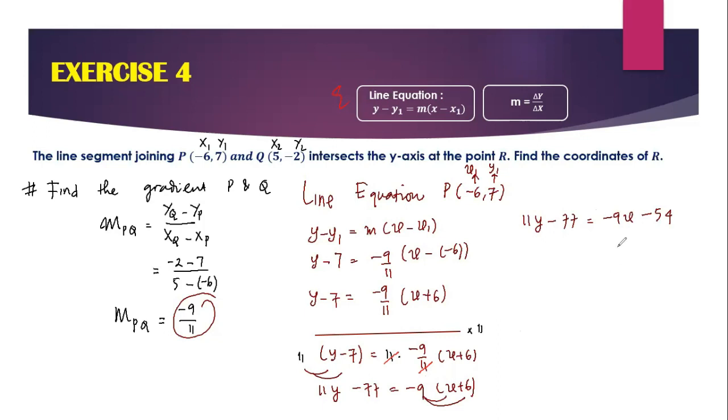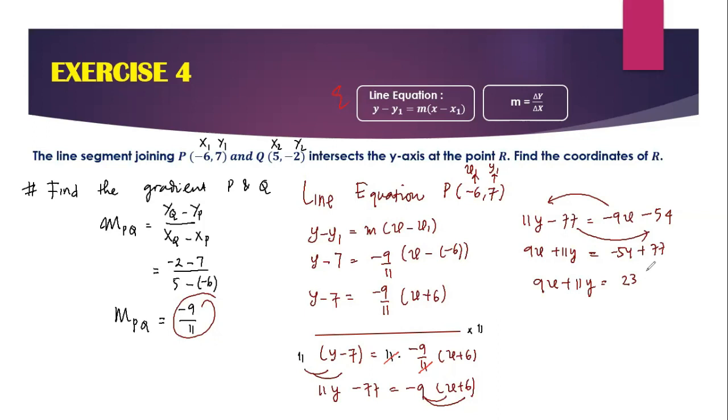Let x and y go to the left side. Okay, so positive 9x plus 11y, and minus 77 goes to the right side, equal minus 54 plus 77. So 9x plus 11y equal 23. Is it clear?